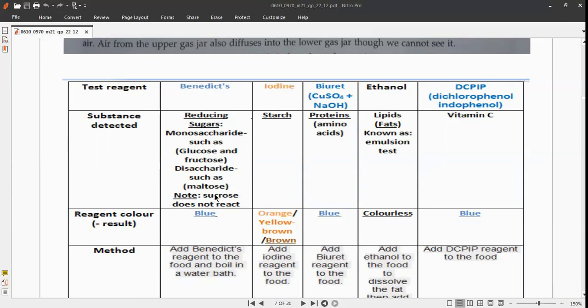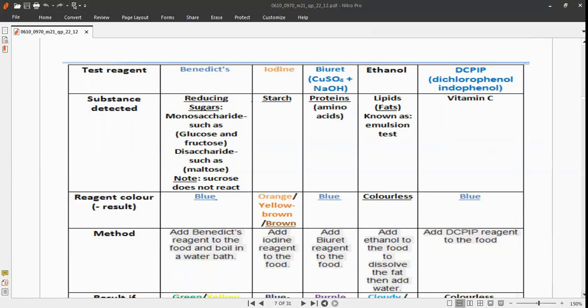But sucrose doesn't react. The reagent color of Benedict's is blue.